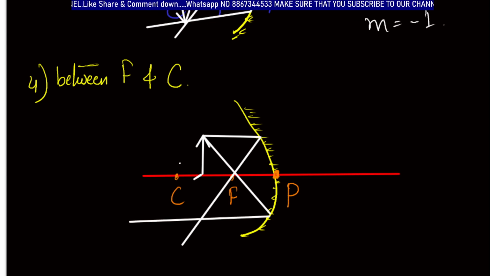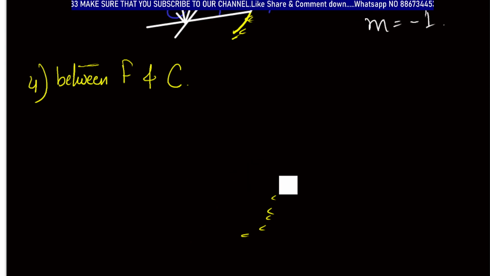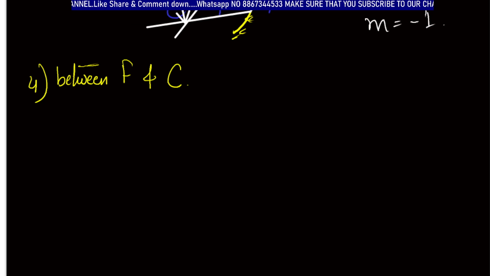If we take the calculations in a proper manner, we will see the exact diagram. Let us draw it once again so that you get the exact image, the exact place of the image. So let us consider it properly.